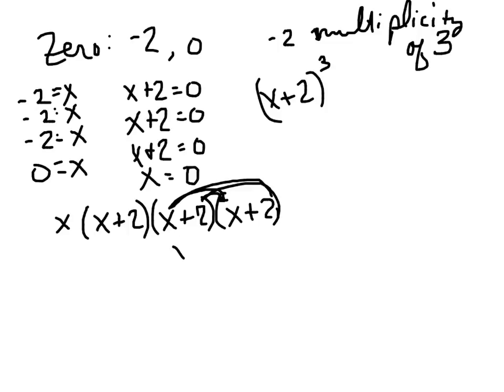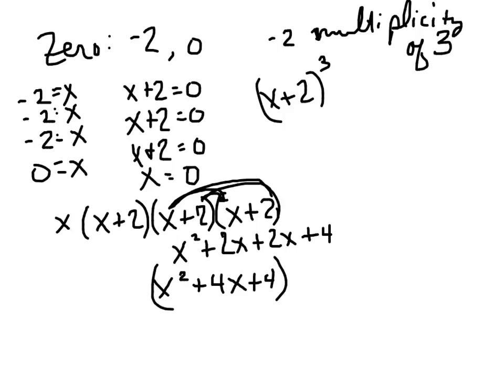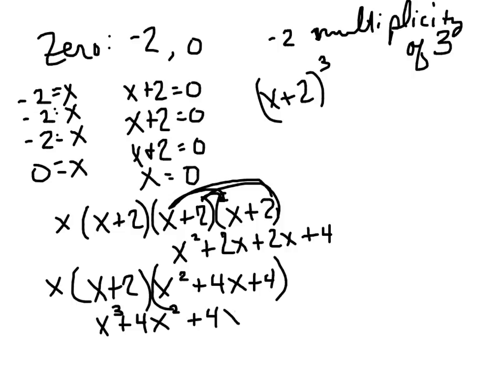And when I FOIL that, I get x squared plus 2x plus 2x plus 4, which is x squared plus 4x plus 4. And now I'm going to FOIL again, which is going to give me x to the 3rd plus 4x squared plus 4x plus 2x squared plus 8x plus 8.